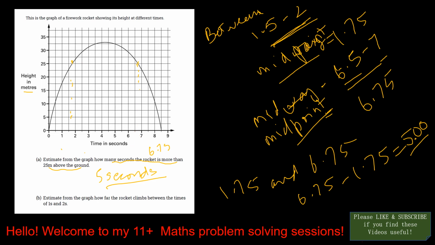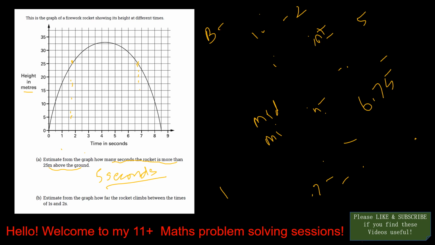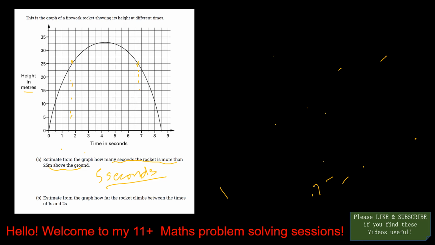I think you can work it out on your own while I am at this. What we have to do here is draw a line towards the y-axis. Let's take a different color pen.